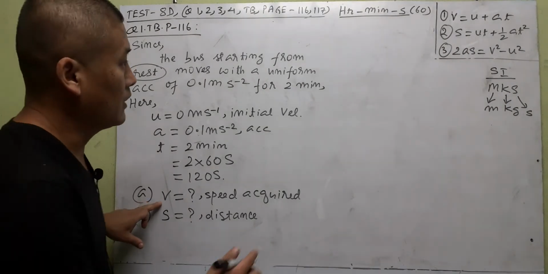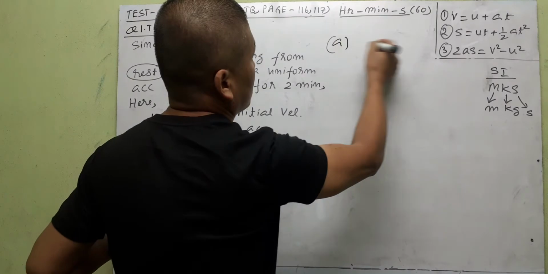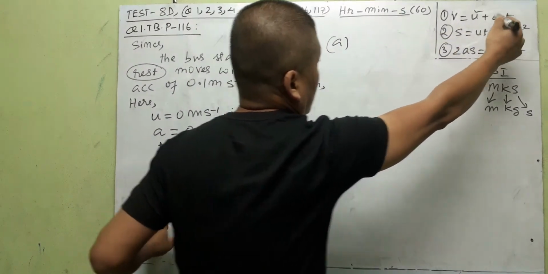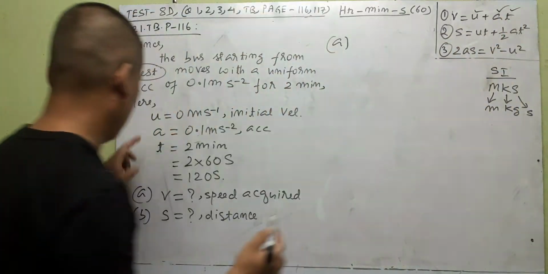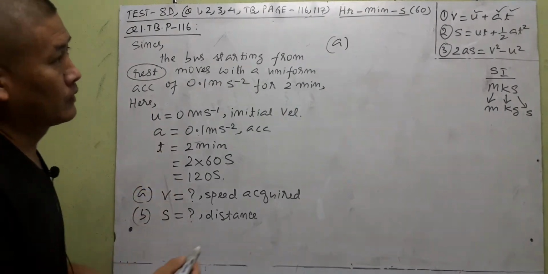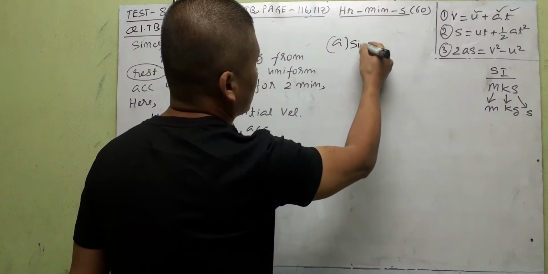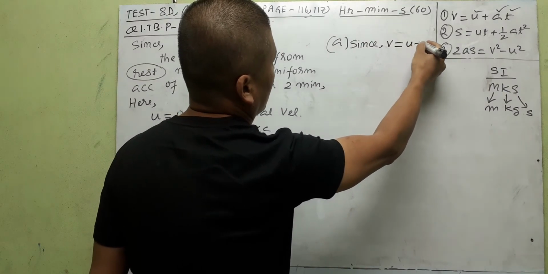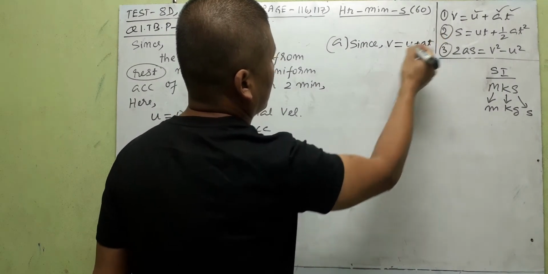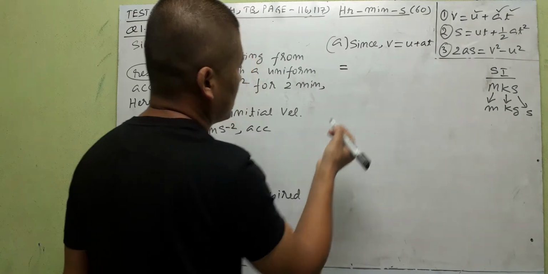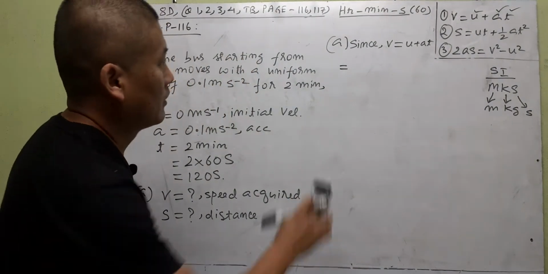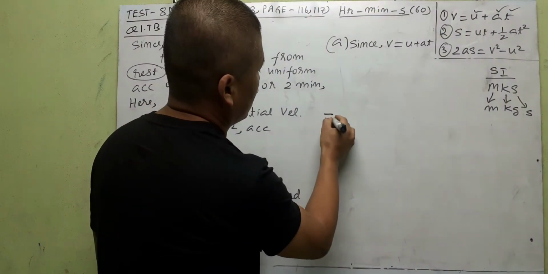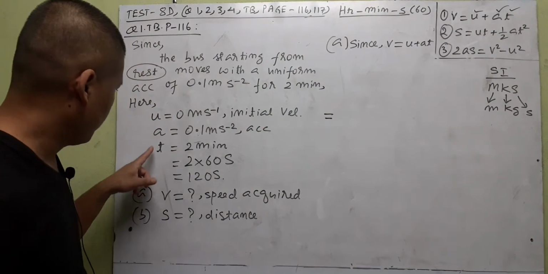To find A, we can simply use this equation. U, A, and T are given in the question, as you can see here. So we can directly find it by using the first famous equation of motion, V is equal to U plus AT. So U is, as you can see here, 0.